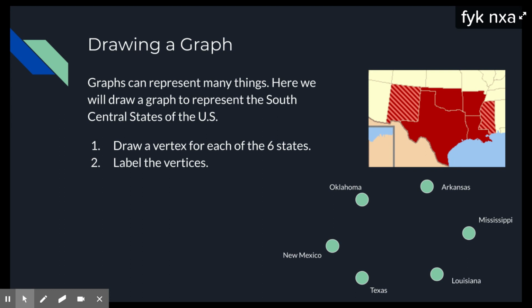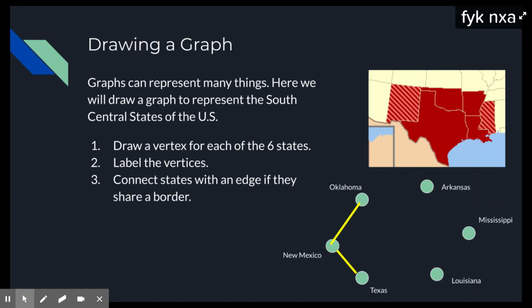And then the last thing really is to connect the states with an edge if they share a border. So I just go from left to right. I like starting the way I read. And so the first state that I see left to right is New Mexico. And New Mexico shares a border with both Texas and Oklahoma, even though the Oklahoma one is very small. So I'm going to draw an edge between New Mexico and Oklahoma, and then New Mexico and Texas.